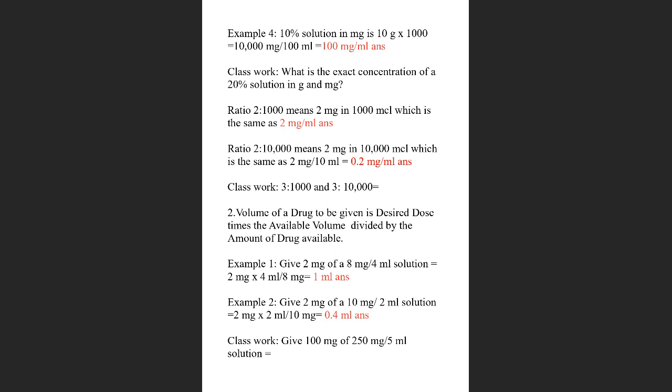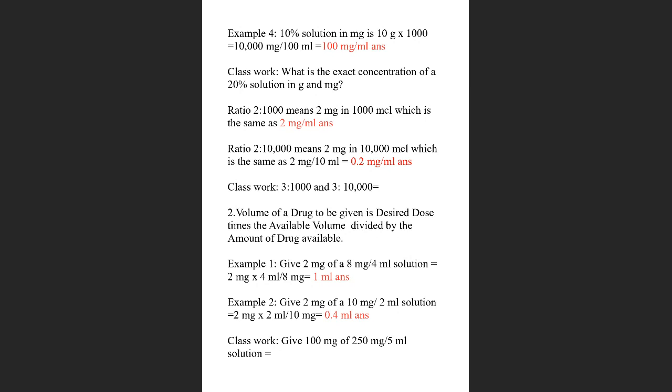So if you have a solution with a ratio that is 2 in 1,000, what that means is there is 2 milligrams of that medication in 1,000 microliters of fluid. Right? So if you have a 2 in 1,000 solution, it means that you have 2 milligrams of the medication in 1,000 microliters of solution.